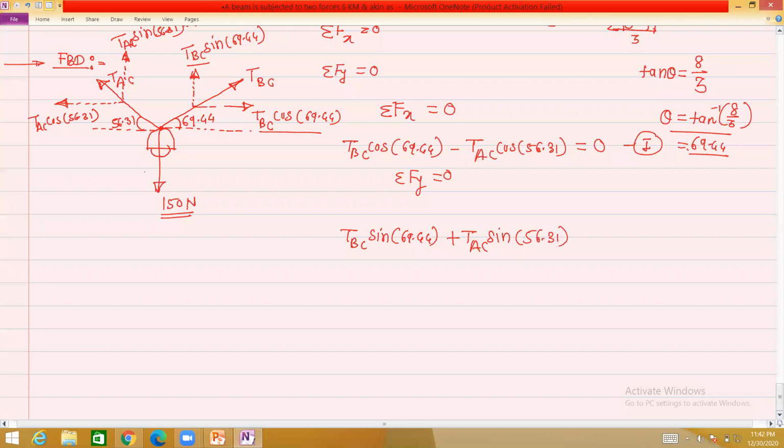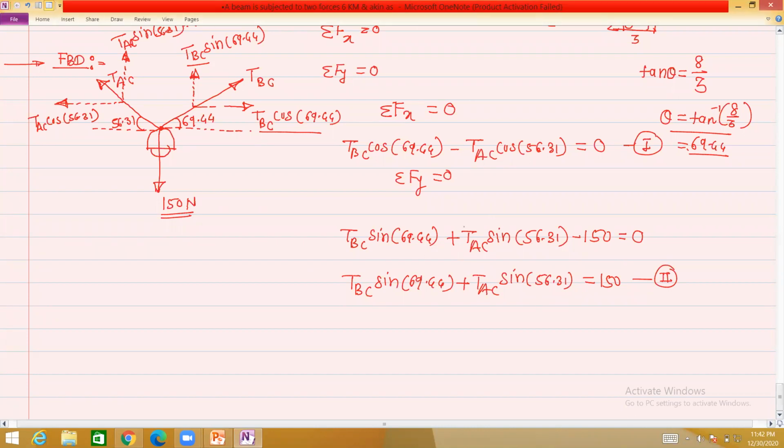The third force is 150 Newton, acting in the negative y direction, so it is minus 150. This is the complete summation Fy and it must be equal to 0. Just rearrange this, shift 150 to the right side, so we get tension BC sine 69.44 plus tension AC sine 56.31 equal to 150. So this is the second equation.